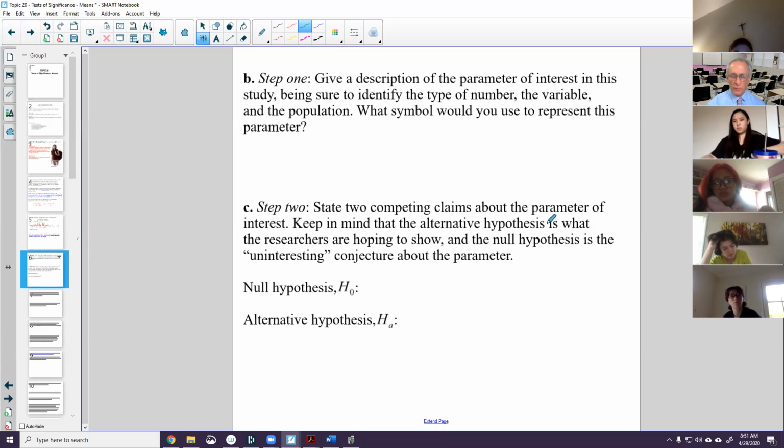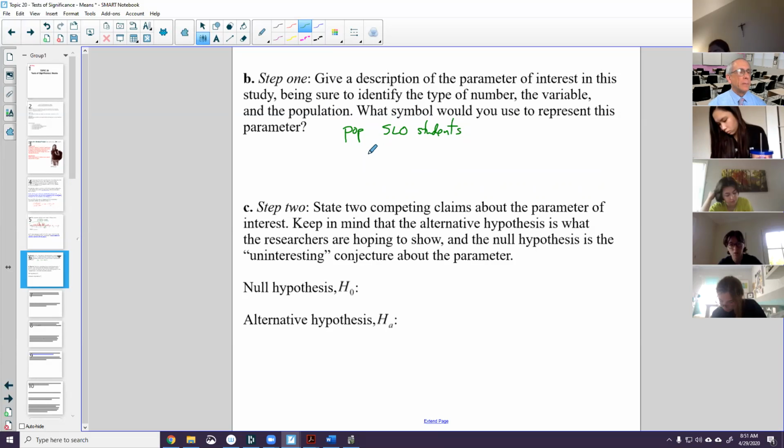What's the parameter we're looking for here? The students. Okay, so that is the population. So the population is we're looking really for SLO students. And what are we trying to find out about SLO students?